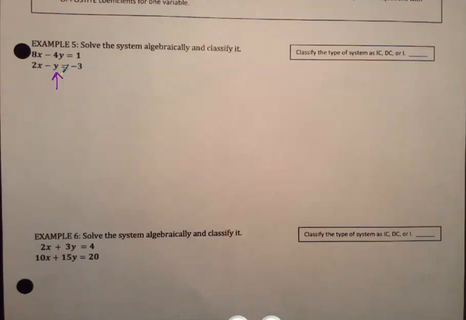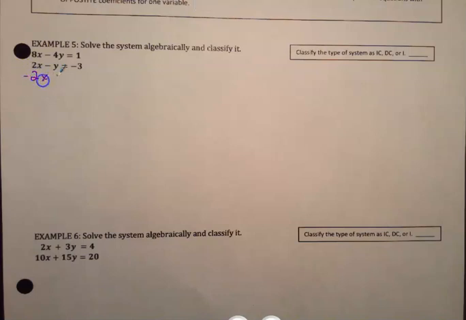Or you could multiply these and get the additive inverse and go from there. Does not matter. On this first one, I'll show you both methods, and it's totally up to you which one you want to do. So let's do substitution first.